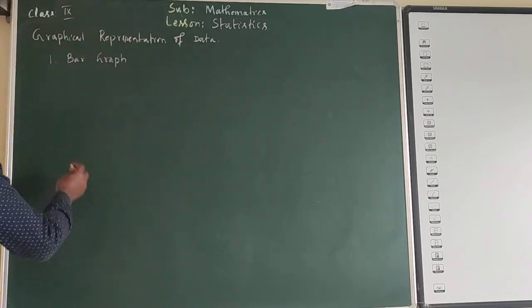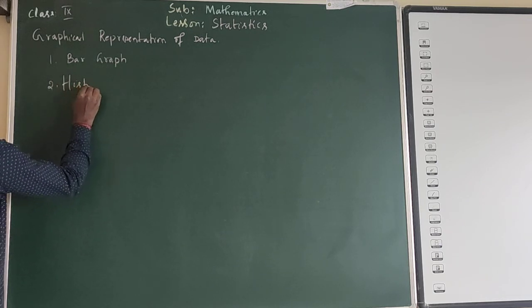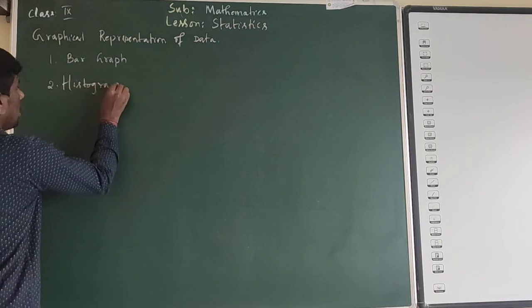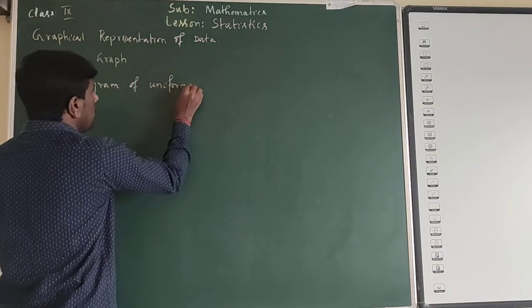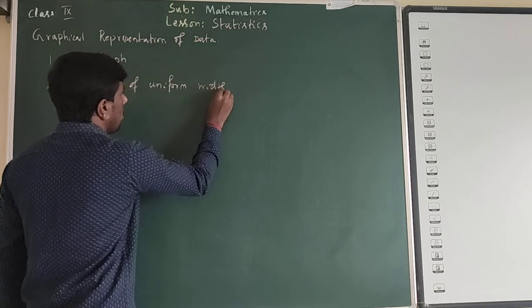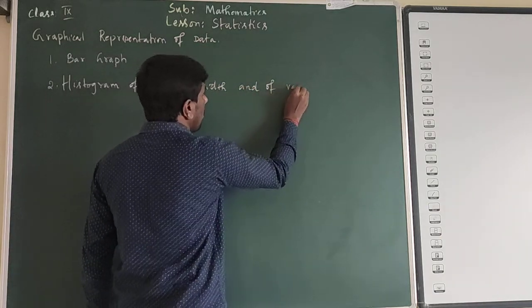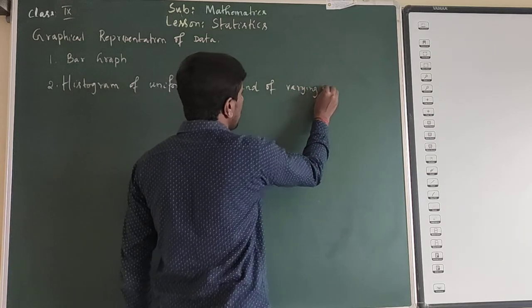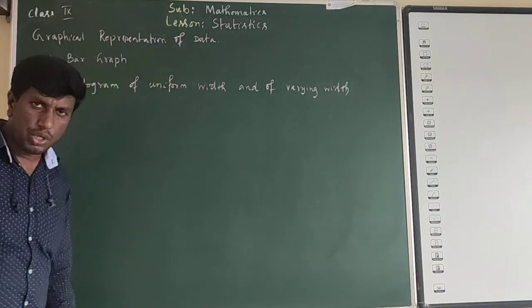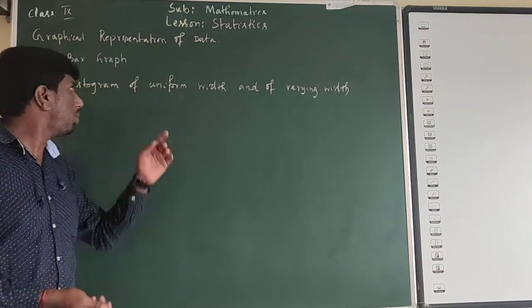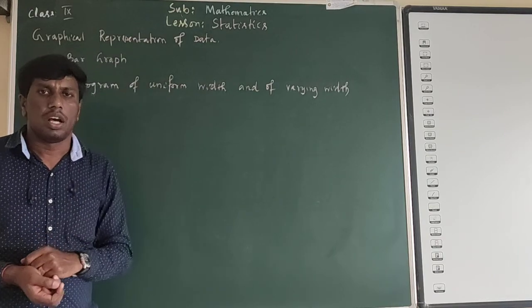The next one is histogram, of uniform width and of varying width. You have already studied both bar graph and histogram in class 8.